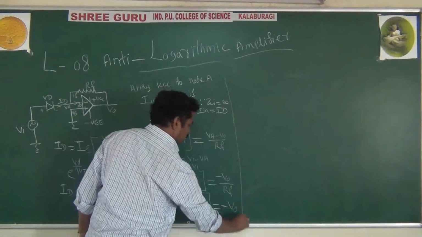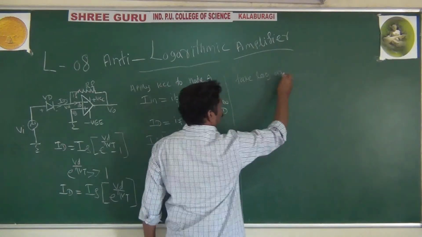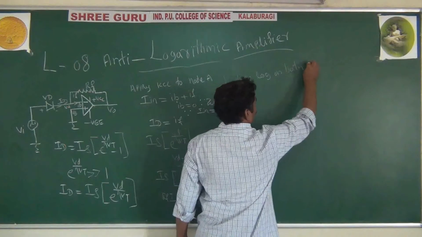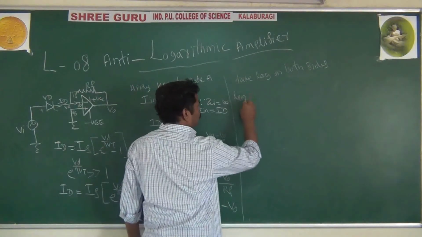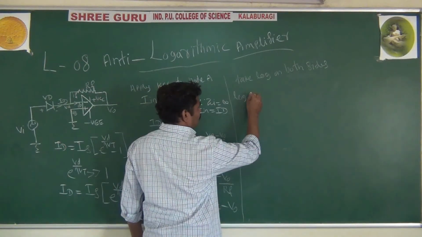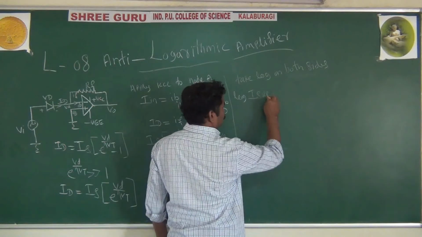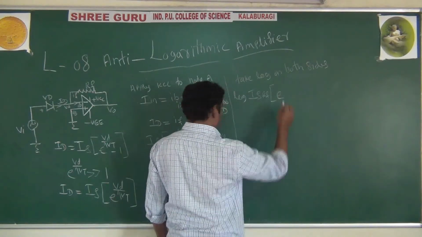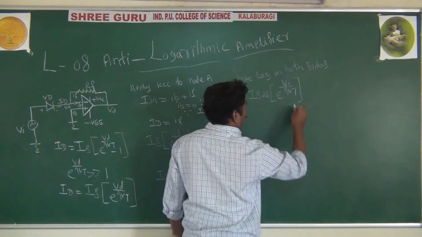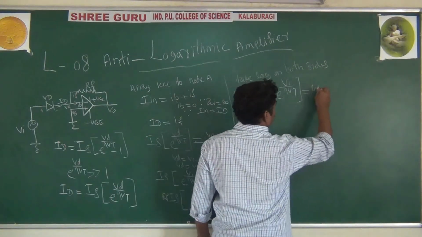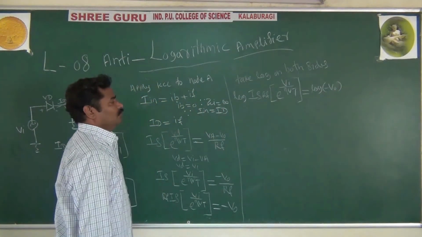Then take log on both sides. That becomes log of RF into IS e raised to VI by eta VT equal to log of minus V0.